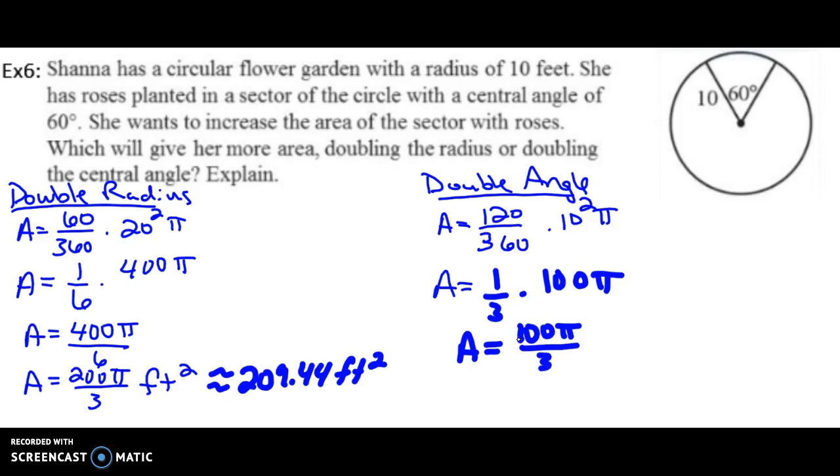So then if I compare these, which is approximately 104.72 square feet, if I compare these, doubling the radius would give us a bigger area.